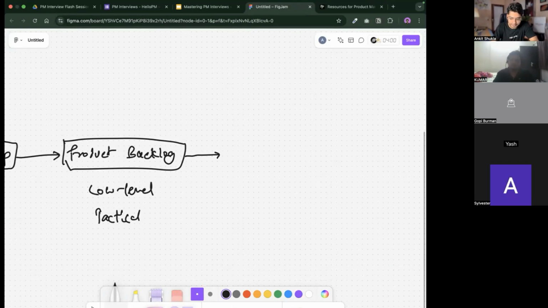And whatever you are going to do for the next 2 or 4 weeks, you are going to call it a sprint backlog. So we divide this big amount of work into small chunks, which can be done in the next couple of weeks or maybe 4 weeks. So 2 to 4 weeks is the length of a sprint.